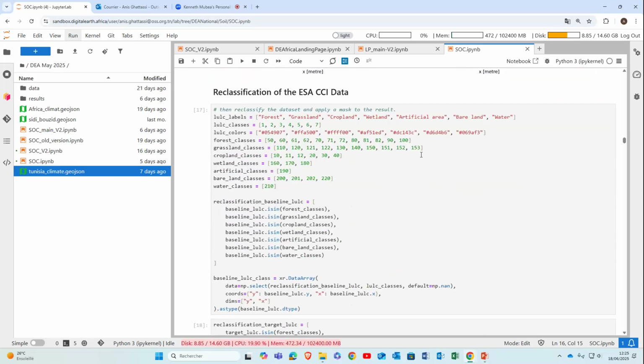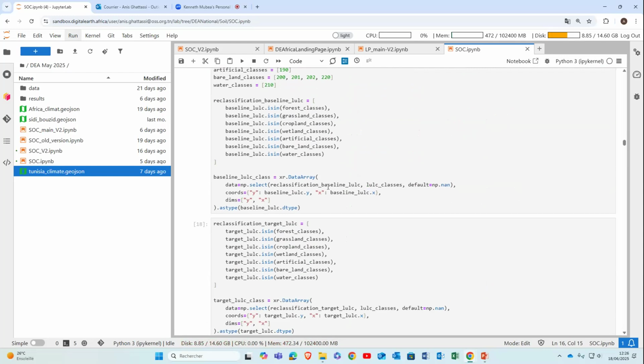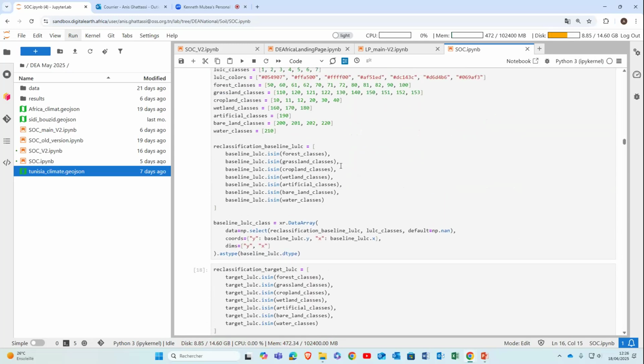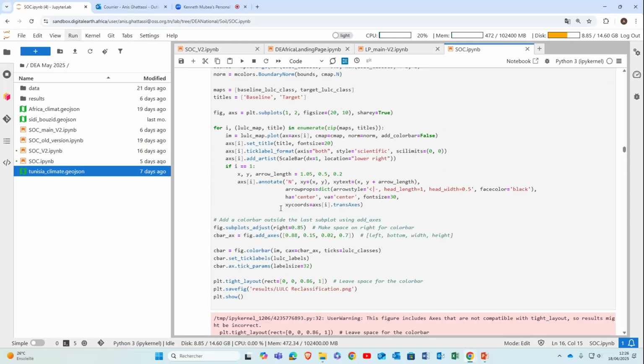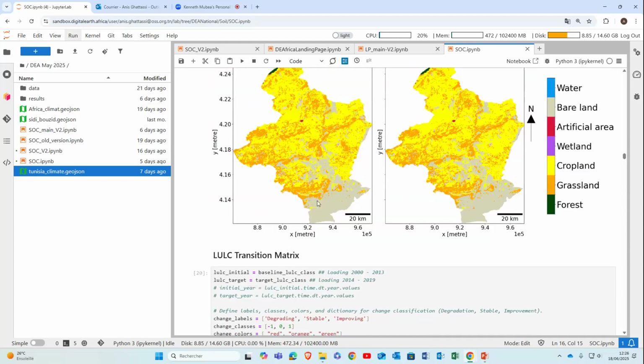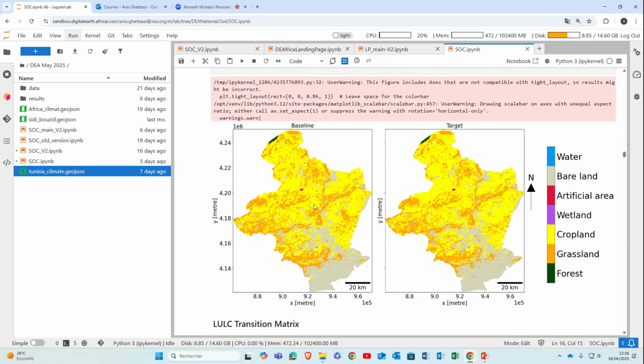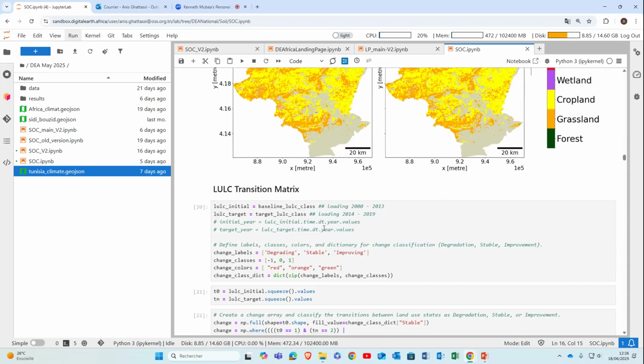Then we reclassified the ESA CCI data, as I mentioned in my presentation, into forest, grassland, cropland, wetlands, artificial classes, bare land, and water bodies.